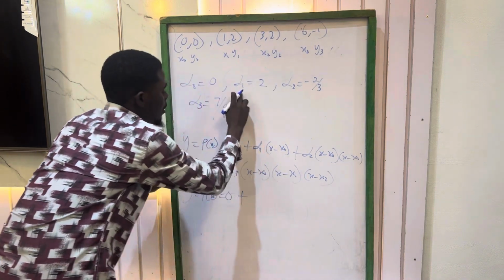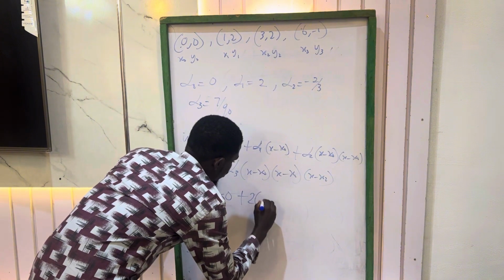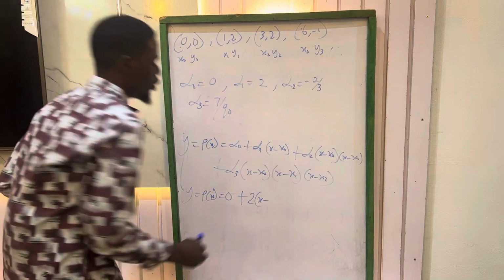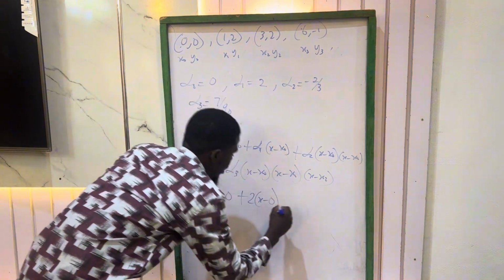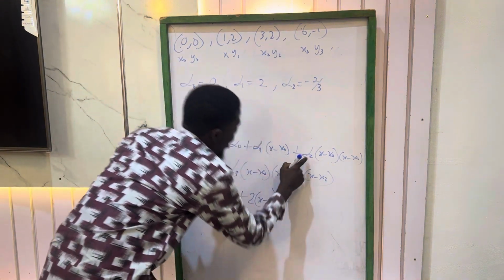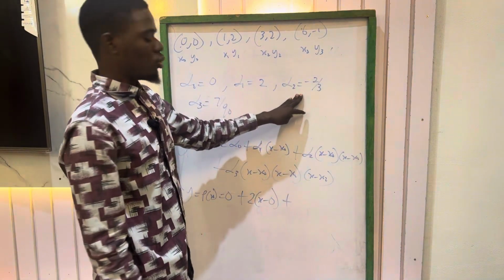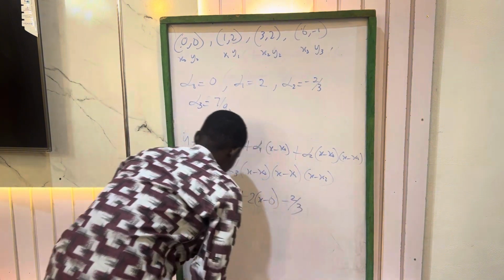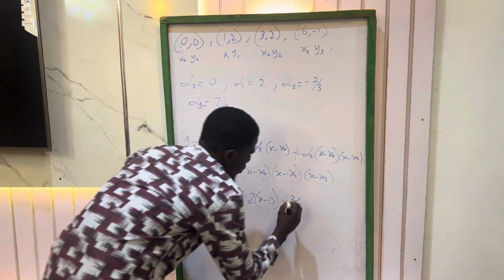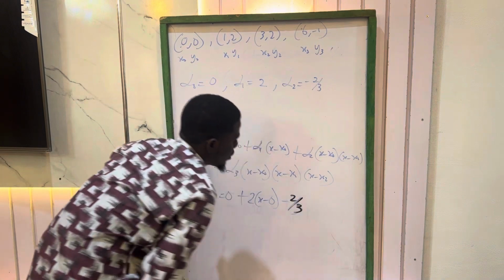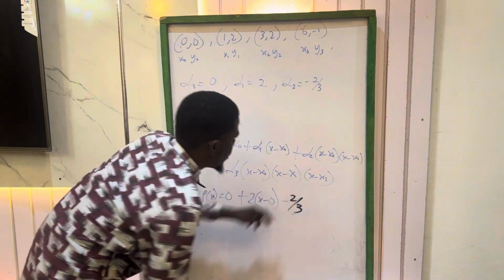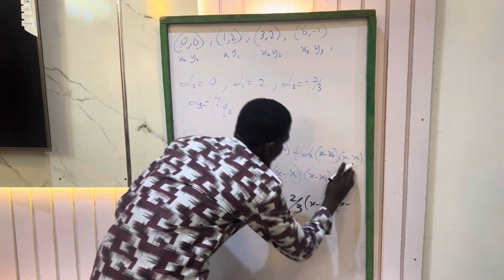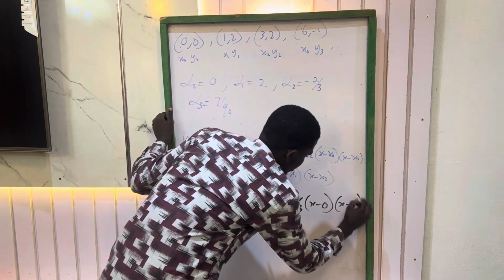Then plus alpha 2, which is -2/3, multiplied by (x - 0)(x - x1), where x1 is 1.